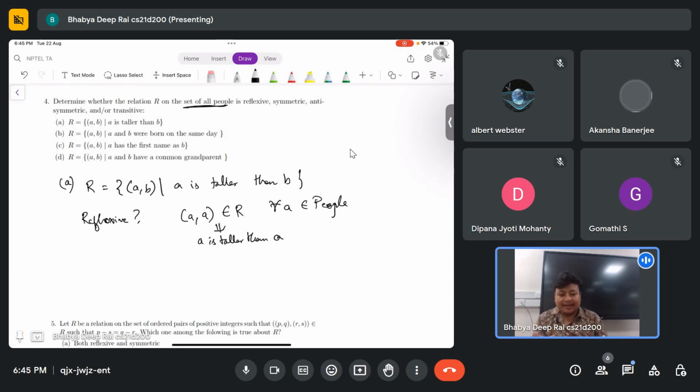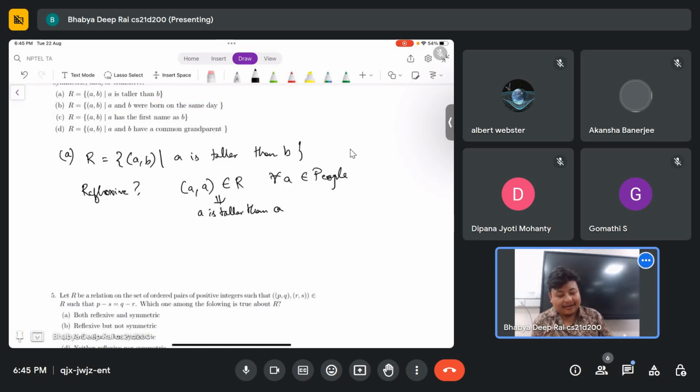Can you be taller than yourself? Logically no, otherwise there is a contradiction. So this is not true for any person. There is no person who is taller than themselves, so it is not reflexive.